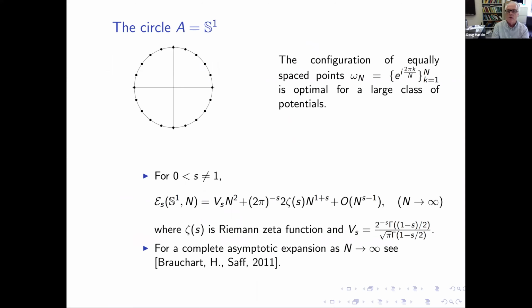To set the stage, because we're going to see asymptotics of optimal configurations come through here, we're going to note that on the circle, equally spaced configurations are optimal for a large class of potentials, including Riesz, Gaussian, and others.